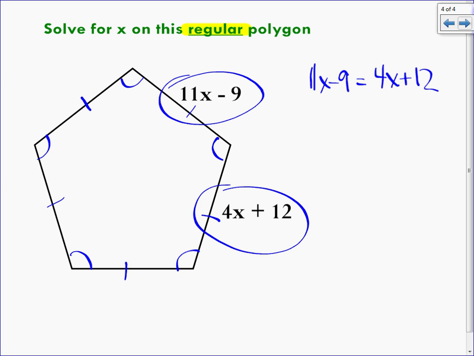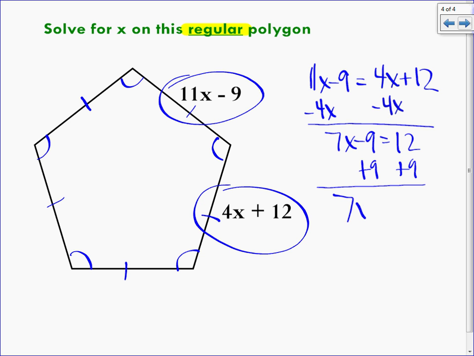We transfer it over to algebra because we know the geometry tells us that regular pentagons have equal sides. So we'll move the 4x. We'll move the 9. And divide. Now all they asked us to do is find x, so we are done. We don't have to substitute that back in. Questions?